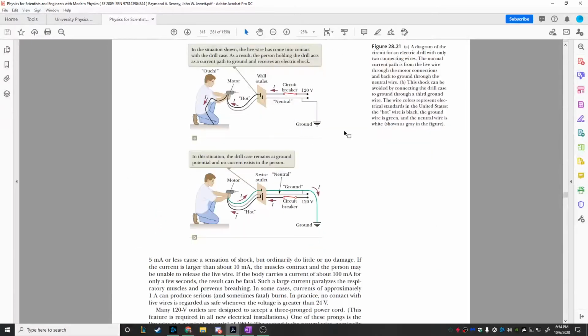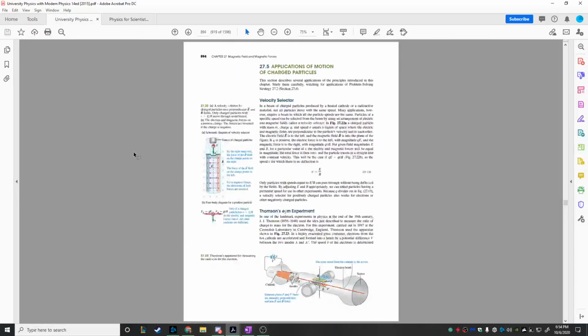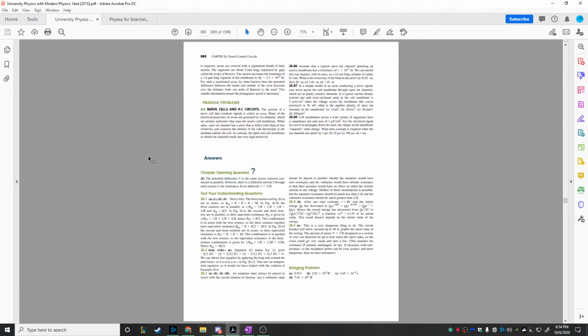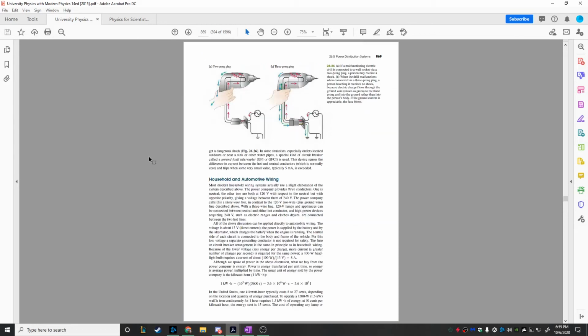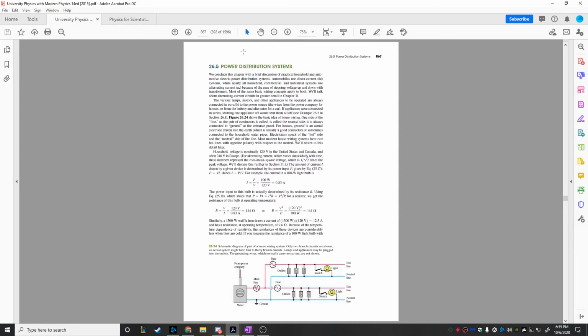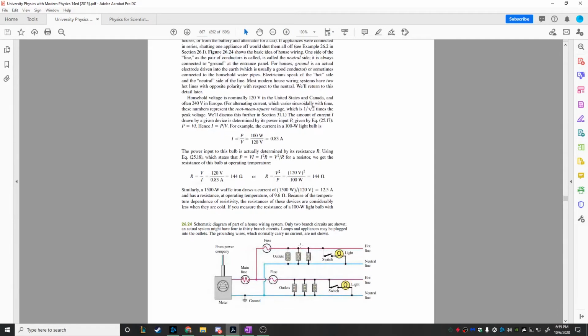Oh, wrong book. Whoops. All right, so it's the last section of chapter 26, right here. Power distribution system. Sorry, that's what it's called. So, in this section, what they talk about is how your home is wired.